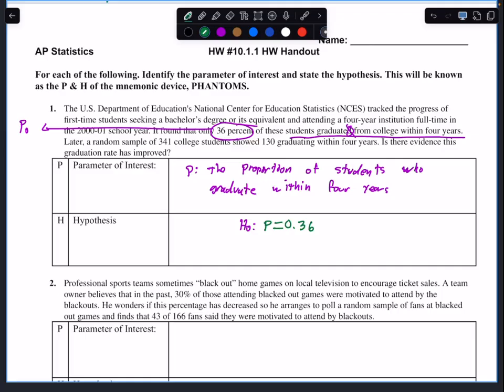So 0.36, that's my belief. If I keep reading, it says, is there evidence that this graduation rate has improved? So my alternative hypothesis is that p is what? Less than, greater than, or not equal to? It says improved, so I'm looking to see it's greater than 0.36. And that's all we're doing right now for the first part of this lesson.